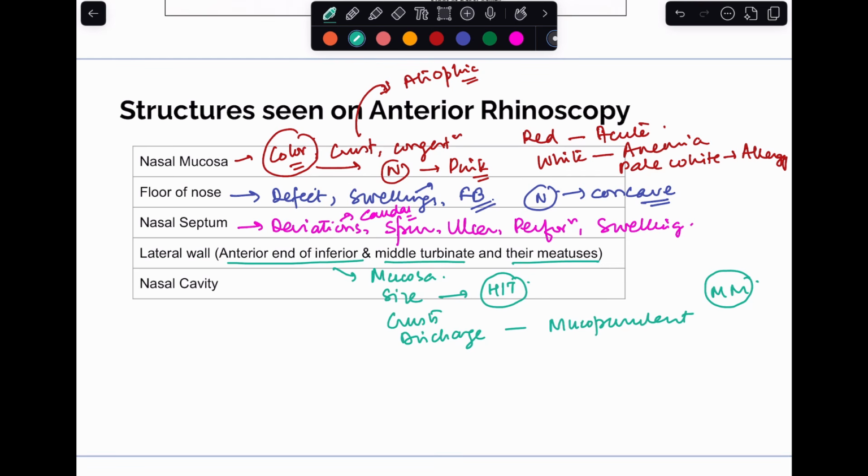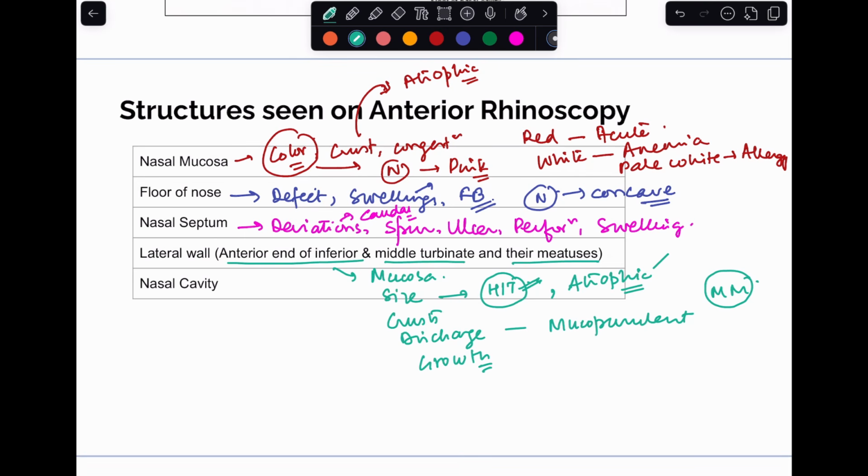And we can also see if there is any kind of growth or nasal mass coming from this area. So these are all things that we should remember. In terms of looking at the size, we have talked about a hypertrophied inferior turbinate, but there can also be the other end of the spectrum, which is an atrophic turbinate.